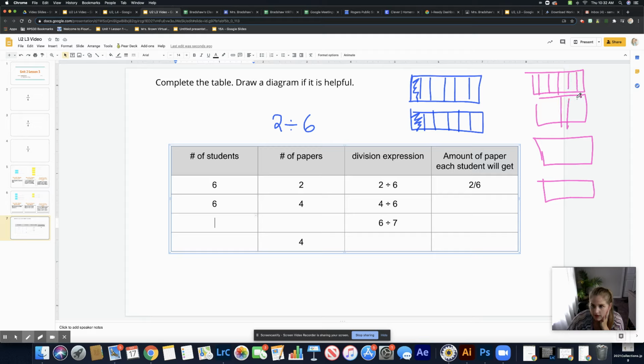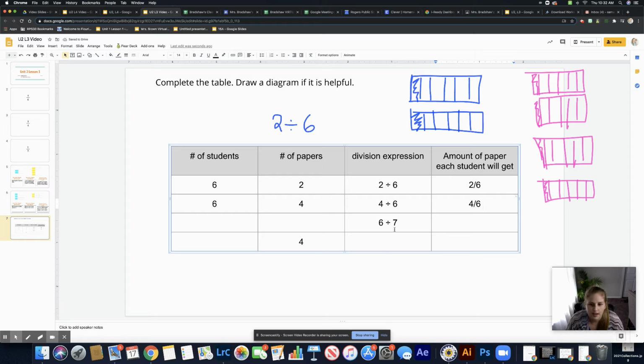I'm going to divide all of them into 6, and then I'm going to shade in one section, 1/6 of each one, to show how much 1 student would get. So 1/6, 2/6, 3/6, 4/6. Each student would get 4/6 of a piece of paper.